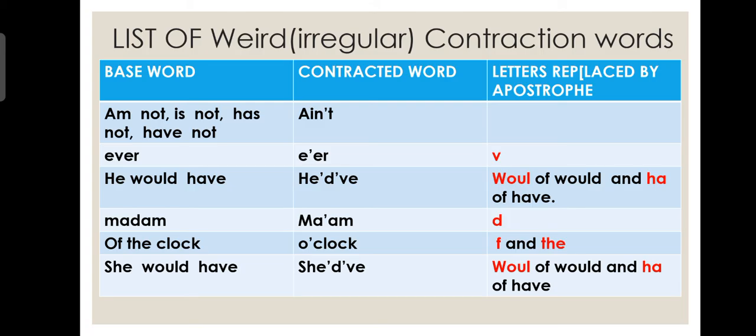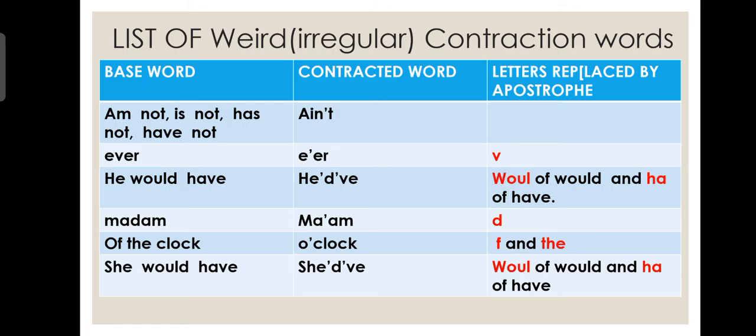Next is madam. Most of you don't say madam nowadays. What you say is ma'am. So ma'am is the short form of madam. What are we removing here from the word madam? We have replaced the letter D by the apostrophe and we pronounce it as ma'am. Next is of the clock.